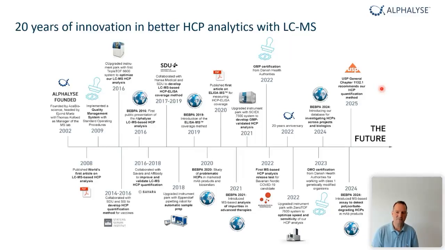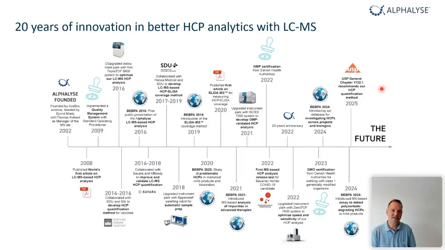These developments we have published in different ways and used in many different projects. In 2022, we got a GMP accreditation from the Danish Medicines Agency to perform validation and GMP release testing under GMP. And in 2025, the USP published the final chapter 1132.1, where one of our main methods that we have been working on for many years is one of the methods in the chapter.